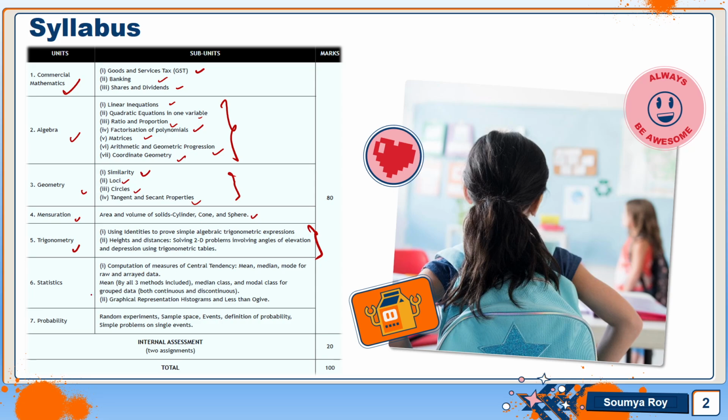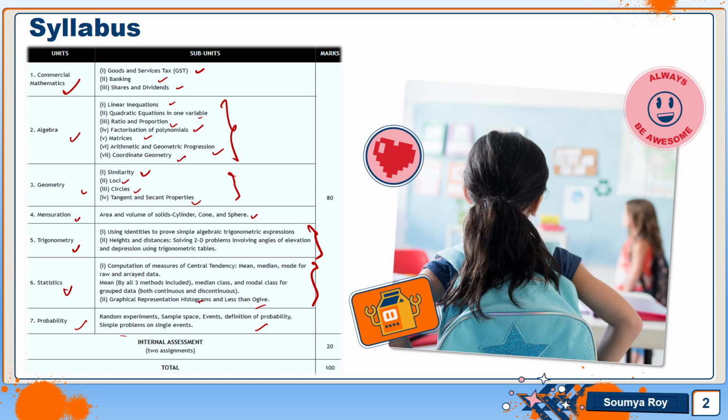Very important chapter. Then statistics is there, one of the easiest chapters of mathematics. Here we will be studying mean, median and mode, and then we'll be moving on to histograms and the ogive. And then probability, again an easy chapter. So this covers your 80 marks.